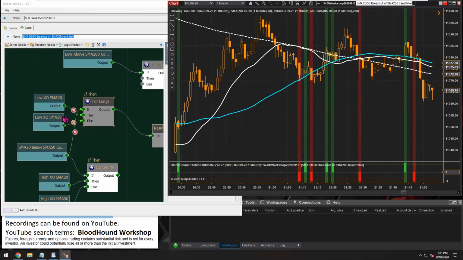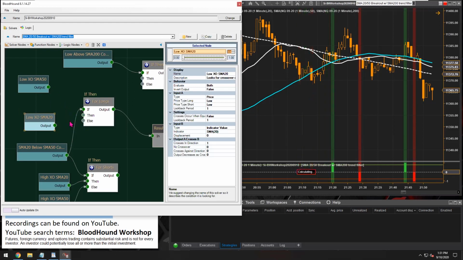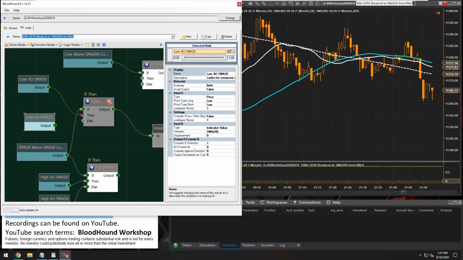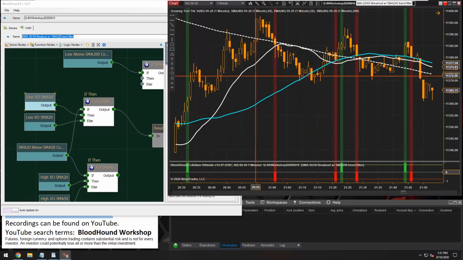So that tells me I need to reverse these nodes here. So something like that. There we go. So now when the SMA 20 is above the 50, right, I'm getting crossover signals from the moving average that's above.